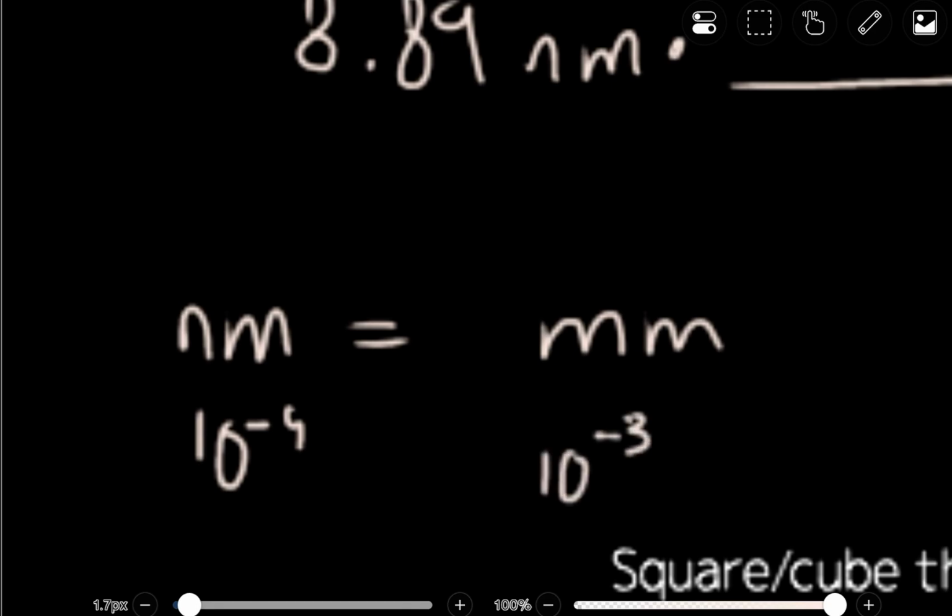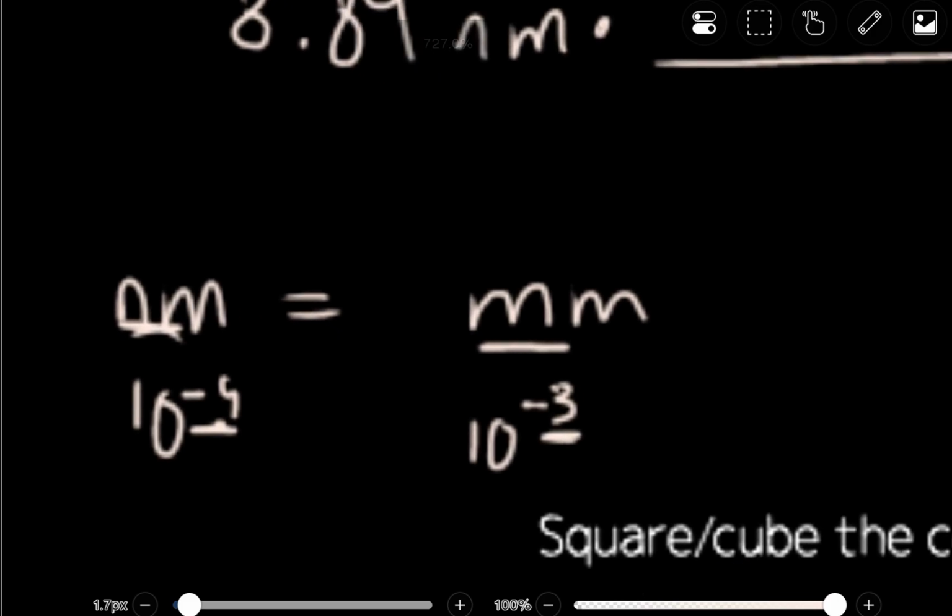Don't listen to this. This is in reference to your regular meter. Even though millimeter is 10 to the negative 3 to a meter, the relationship between millimeter and nanometer is actually the difference between negative 9 and negative 3, which is going to be 9 minus 3. 10 to the power of 6 will be the difference between nanometer and millimeter.